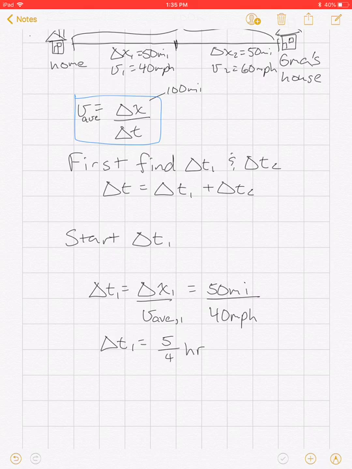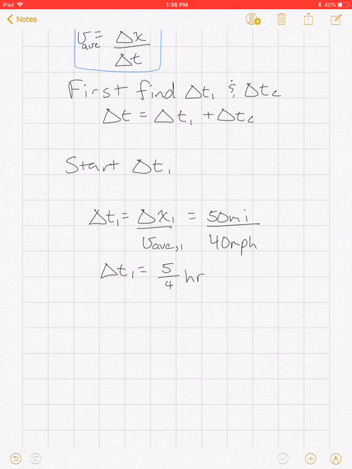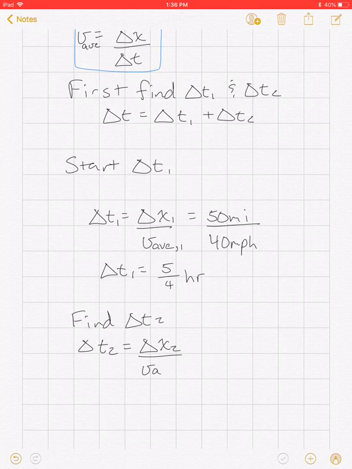So now we're going to find delta t2. The next part is the same way: delta t2 is going to be delta x2 over the average velocity for the second part of the trip.